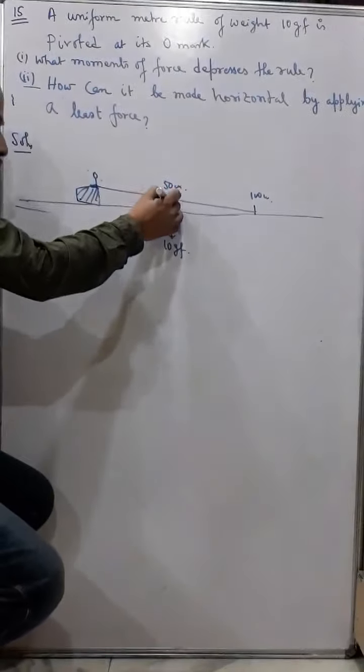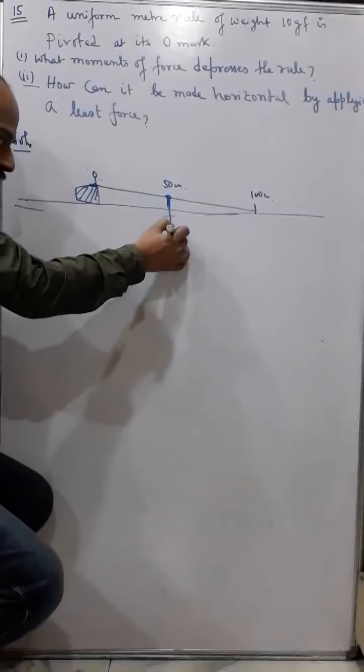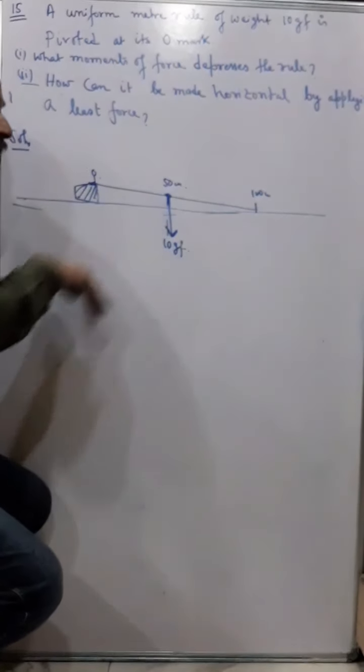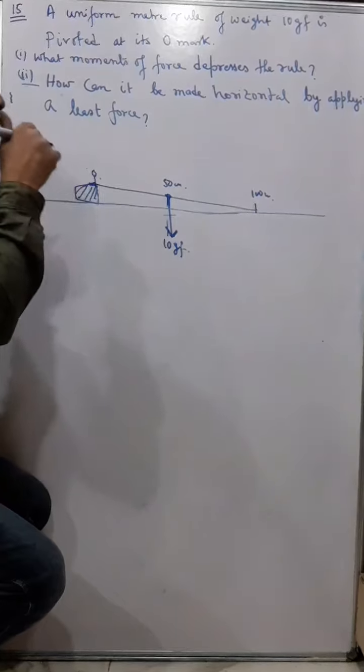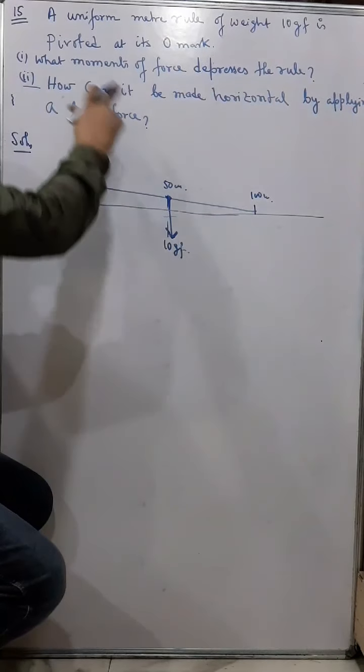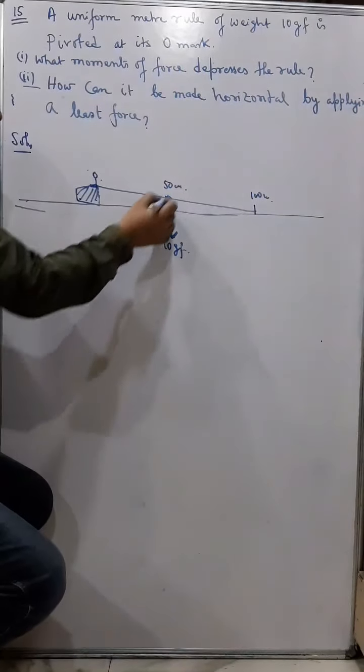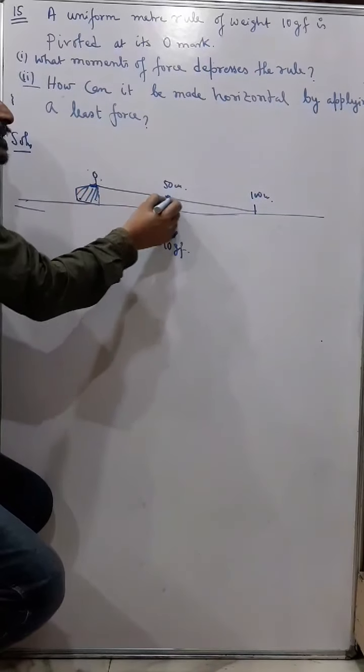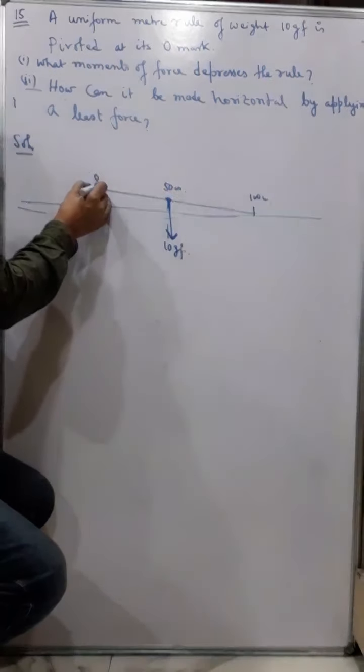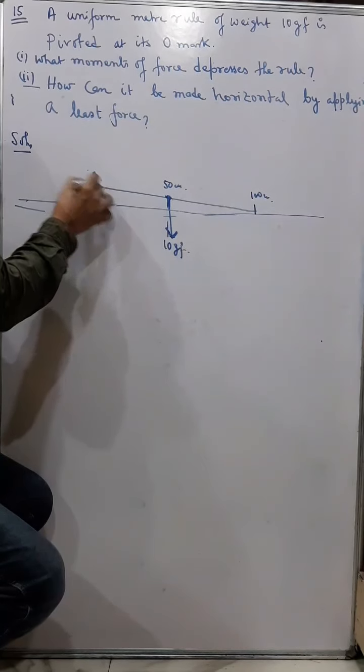Moment of force means, now this is the force or the weight of the meter rule which is depressing the meter rule. So this is the force, but you have to find the moment of force, and moment of force means force into perpendicular distance from the axis of rotation, or where it is pivoted.